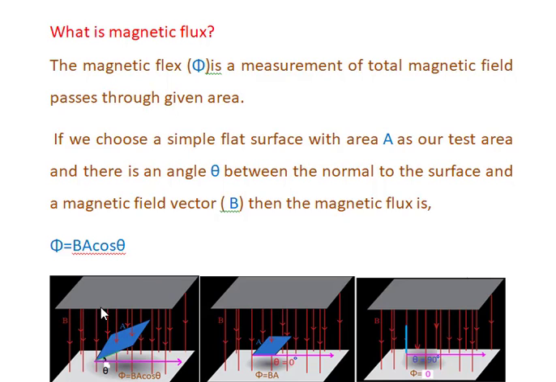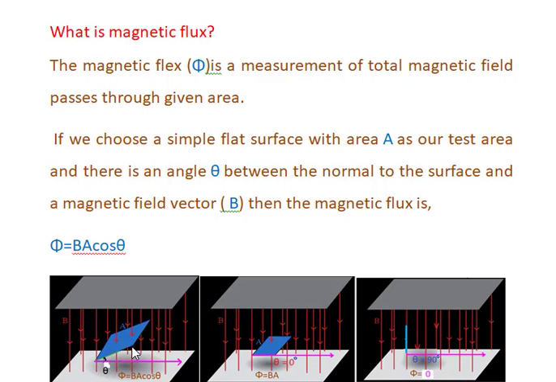The magnetic lines of force are passing here. We take the simple flat surface A as our test area. The inclined angle theta is between this surface and the surface of the object.